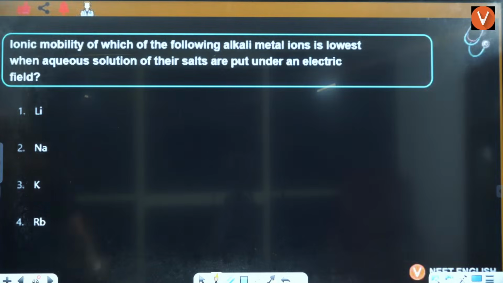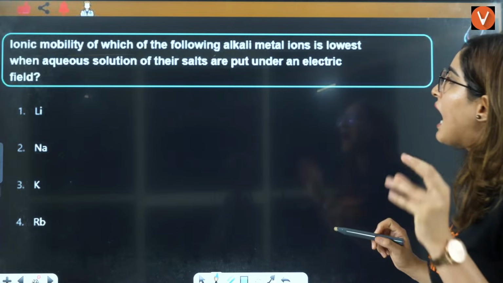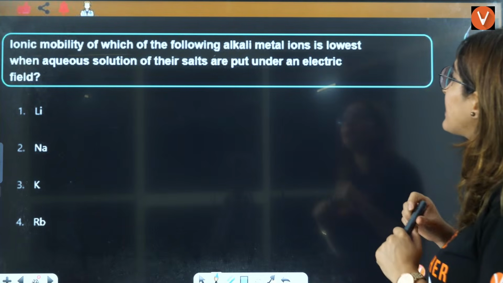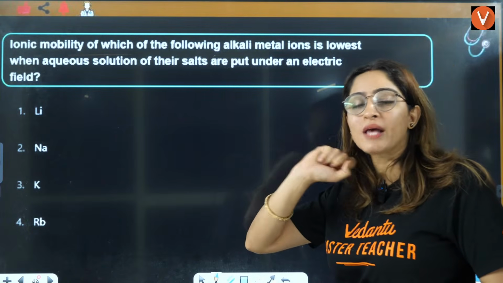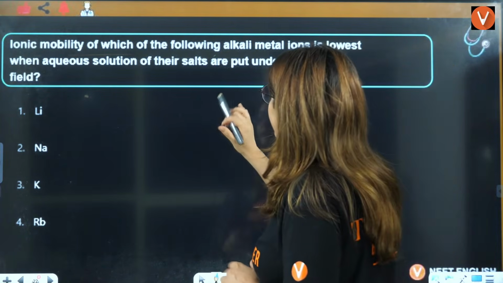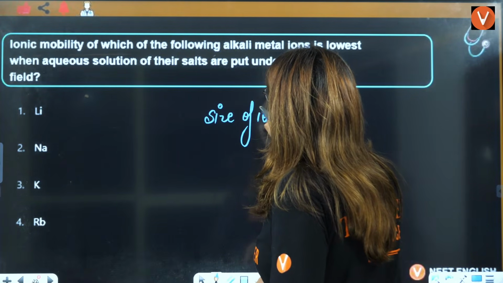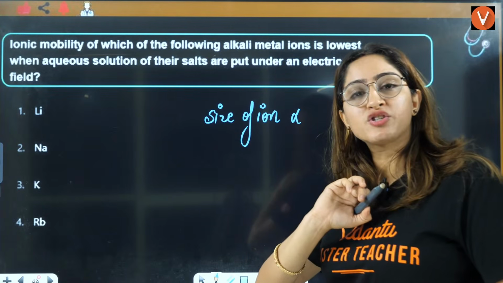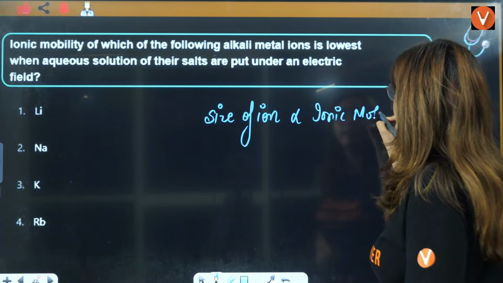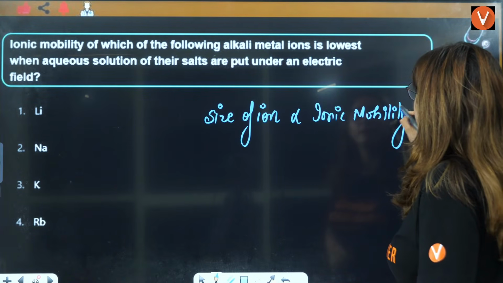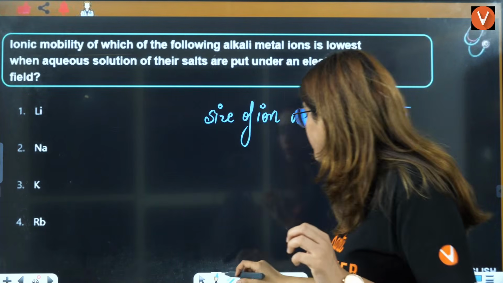Okay. So tell me one thing, which of the following is correct? Ionic mobility of which of the following alkali metal ions is lowest? Now they are asking for the lowest ionic mobility. If you remember, I told you the direct relation: the size of the ion is directly proportional to ionic mobility. Now, size of the ion is minimum in which of the following?